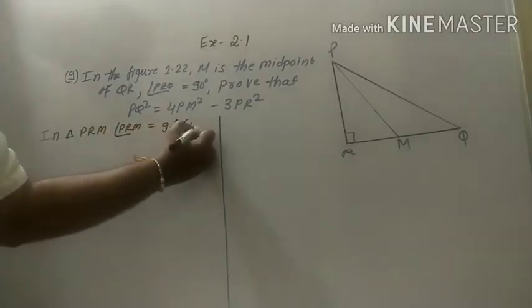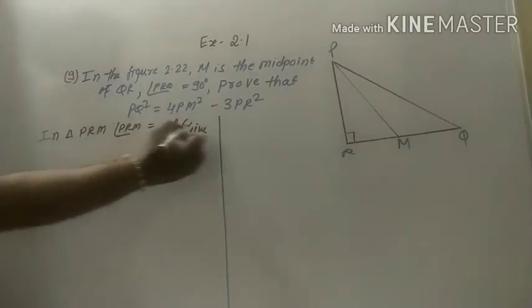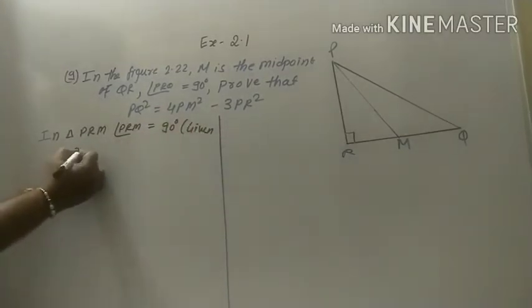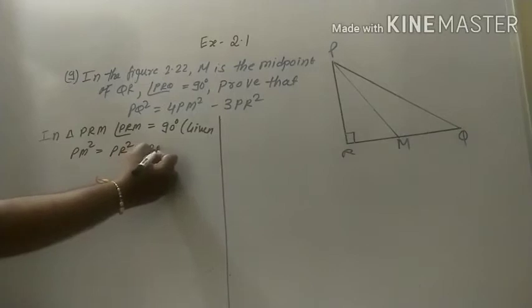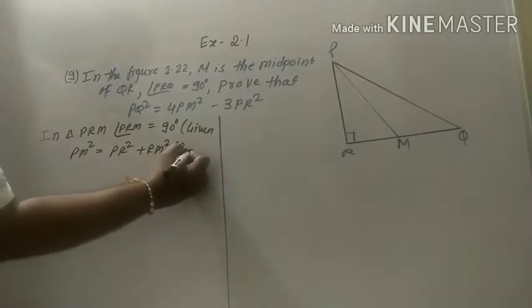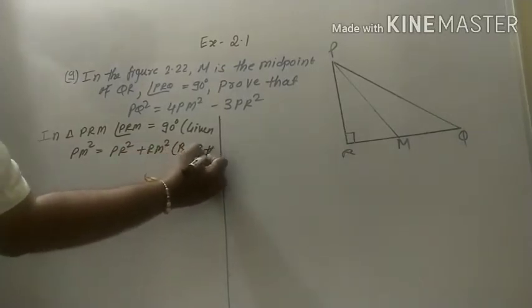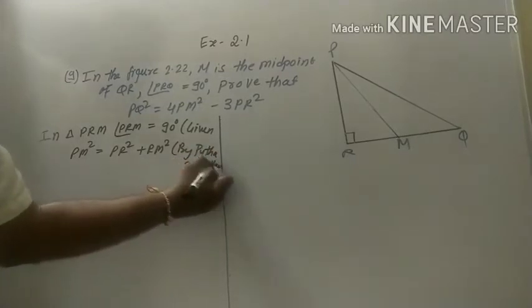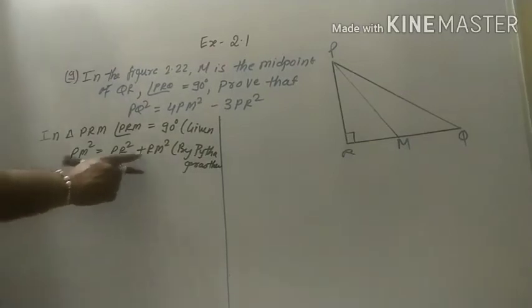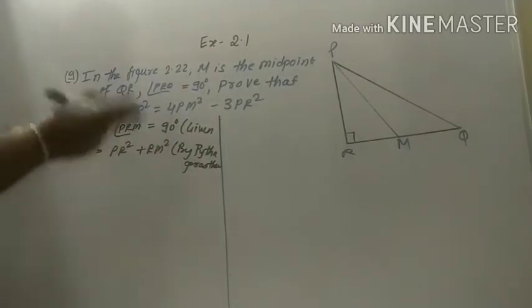Why? Given. Therefore, PM square is equal to PR square plus RM square by Pythagoras theorem.